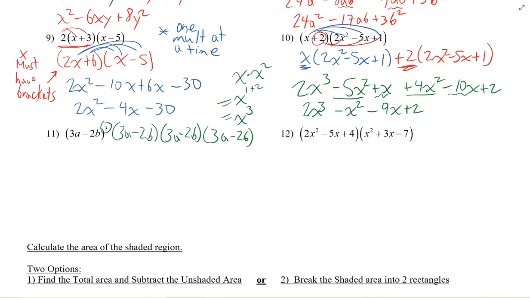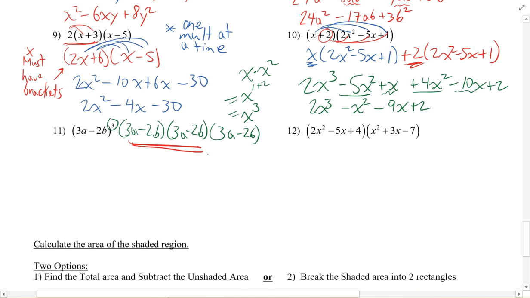So again, we only multiply by what's side by side. So we multiply those two first. This one at the back does not change. It stays there exactly the same. So I multiply the front two, and I will get 9a squared minus 6ab minus 6ab plus 4b squared.